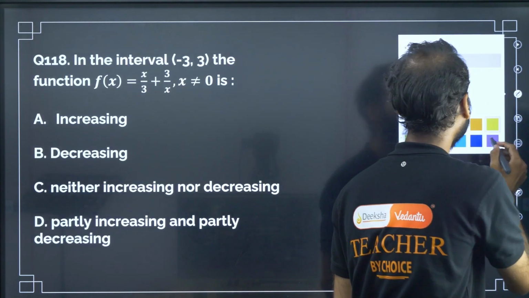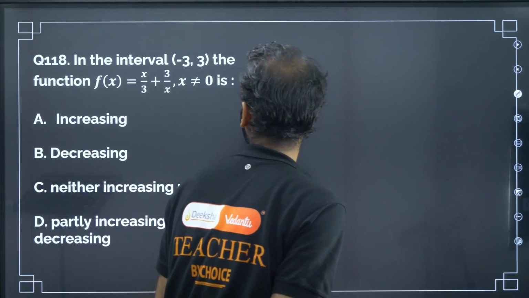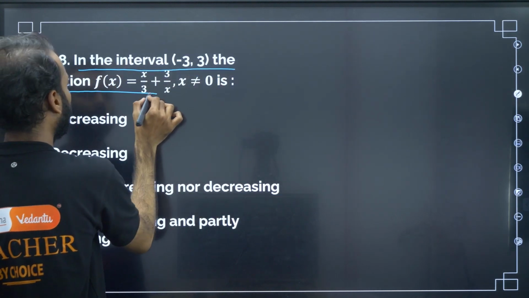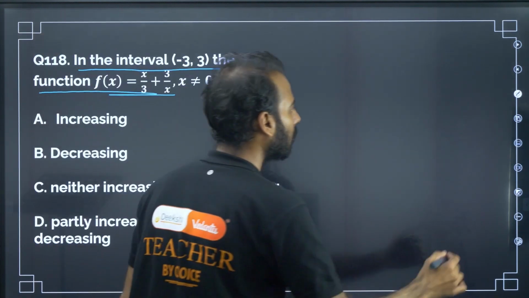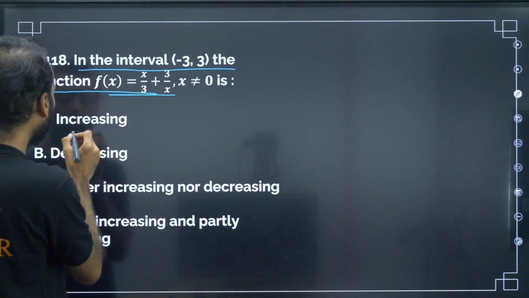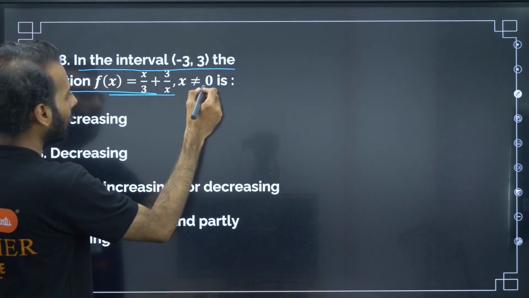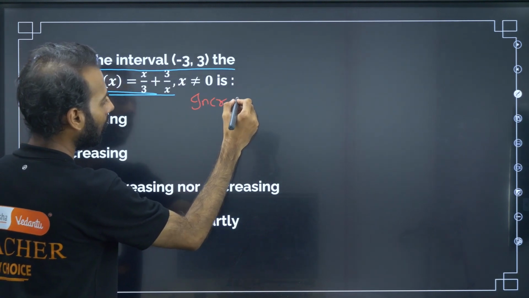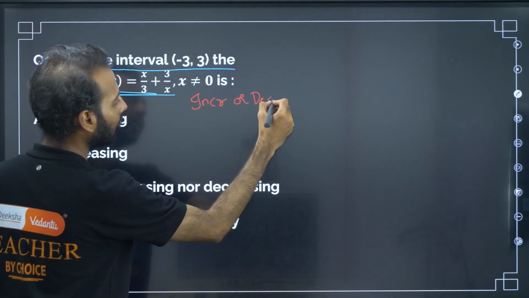In the interval minus 3 to 3 the function is, so if you go through the options, they are talking about whether the function is increasing or decreasing.